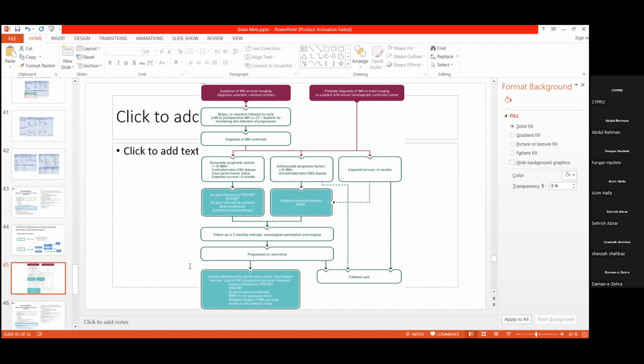And whether to fractionate into 3 or 5 depends. If it is just one single lesion of 3 centimeters in size, I will fractionate into 3 only. If that 3 centimeter lesion is associated with some other metastatic lesions as well, I will go with 5 fractions. So this is the criteria which we follow.